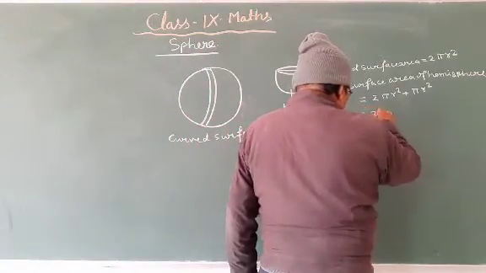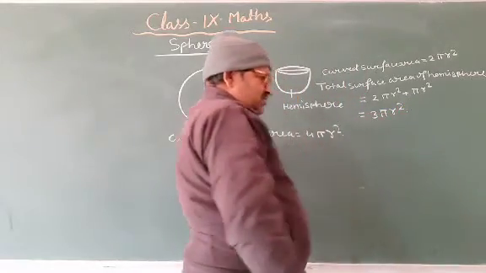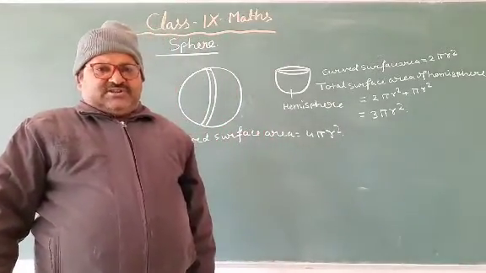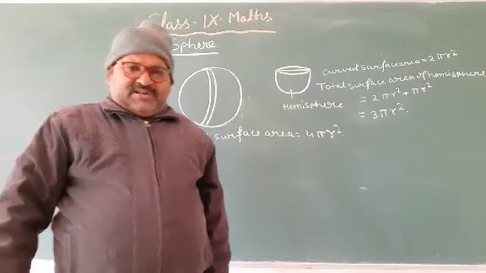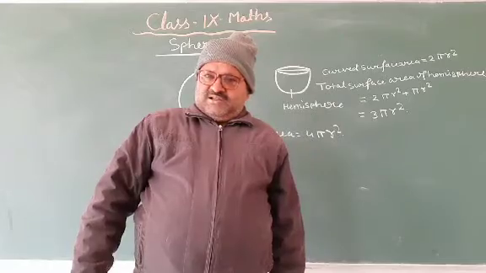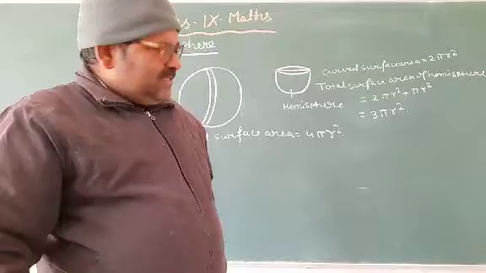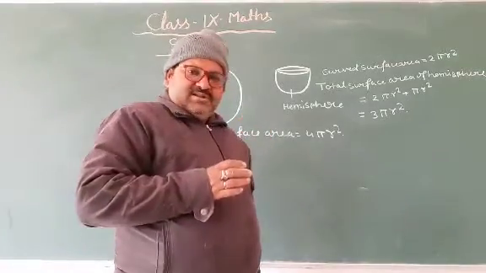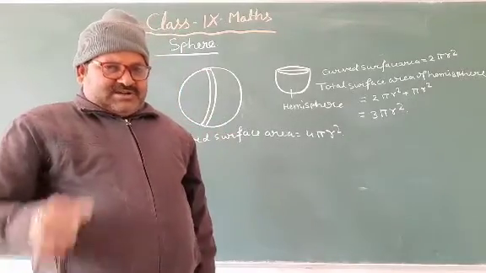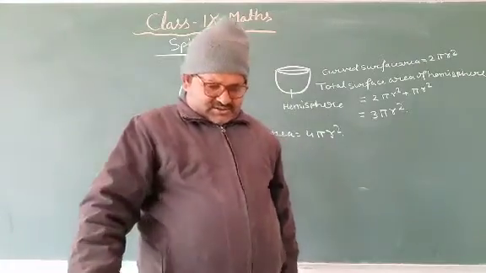So 3 pi r square is the total surface area of the hemisphere. Clear? So these three formulae are found in the sphere related to the surface area.